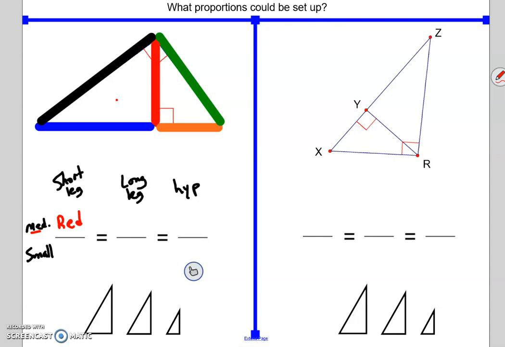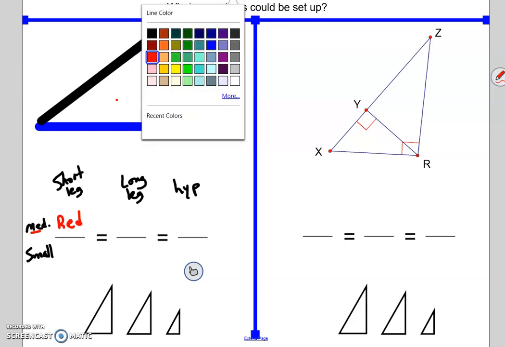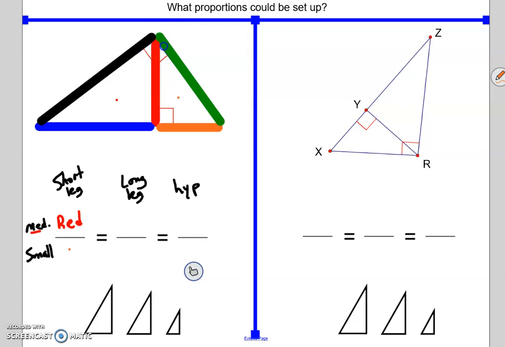I don't have it labeled as anything. I don't have a length. So as of right now, I'm just going to call it the red. If I look at the small triangle, and I've got down here the small triangle, short leg, that would be orange. Okay, so whatever the length of the red line compared to the length of the orange line, that's the ratio that I would want in this fraction.